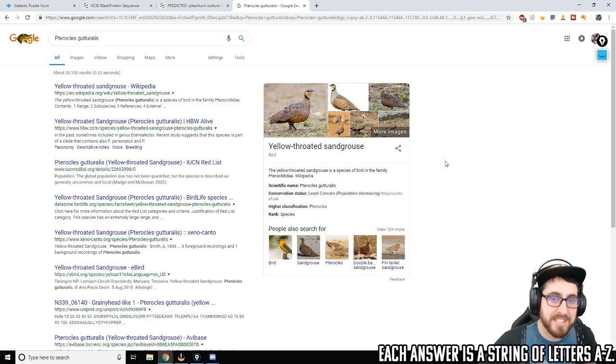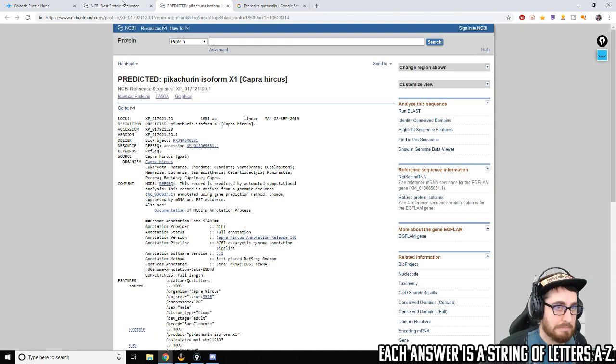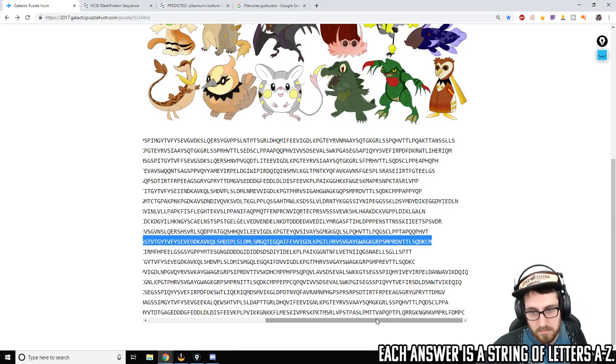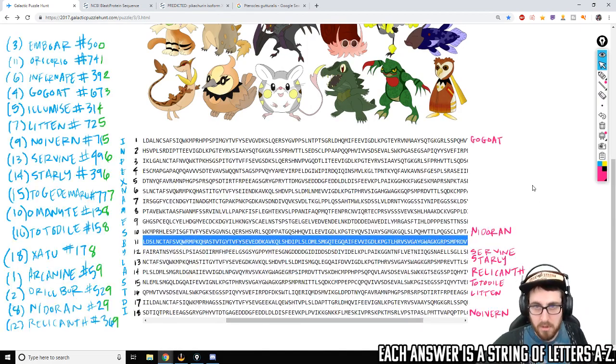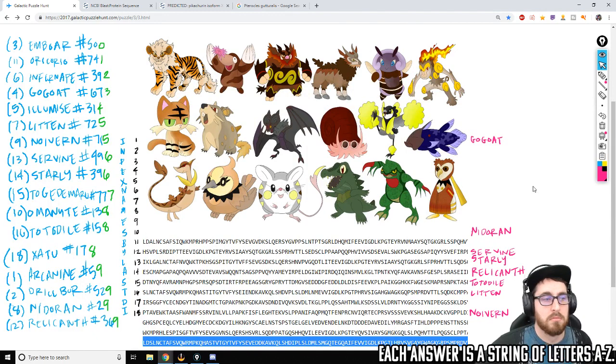The yellow-throated sandgrouse is a species of bird in the family Pteroclididae. How do you even compose a puzzle like this? Right? Because these people are from MIT.